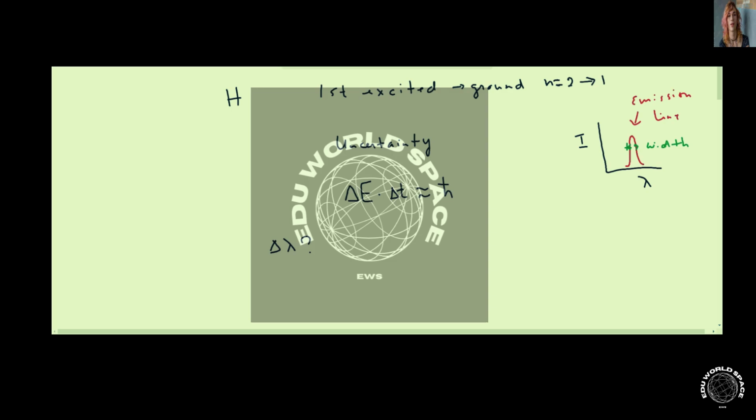And the way to do that is, of course, start off with the energy. And this is the uncertainty in the wavelength of the emitted photon. So be clear about that. Whereas the uncertainty in the time is the uncertainty in the lifetime of the electron hanging out in that state.